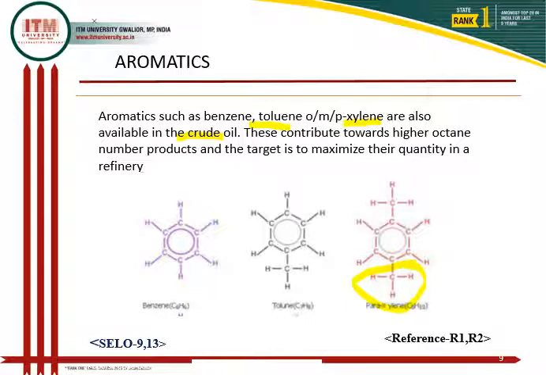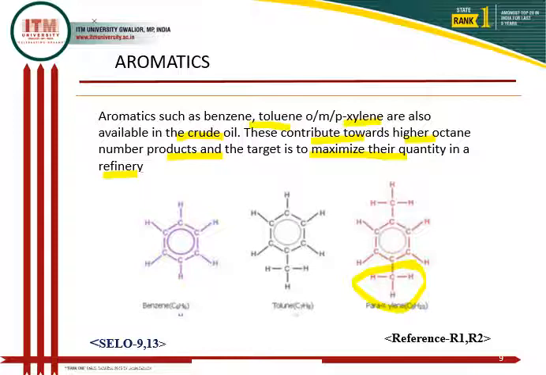So these are available in the crude oil, okay, and these contribute towards the higher octane number products, and the target is to maximize their quantity in the refinery because it is having the anti-knocking properties, and because of that the increase in the aromatic compounds can be done by various reactions.